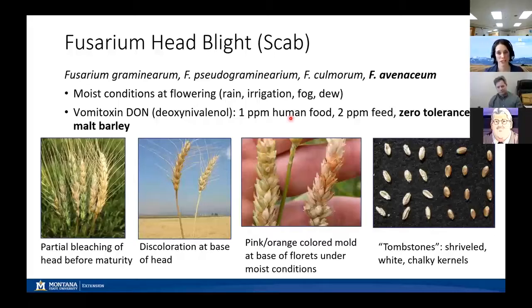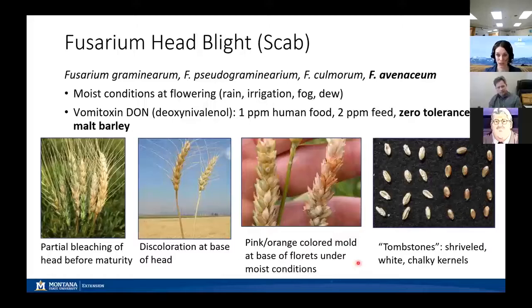And often we can see a discoloration at the base of the head, which you can see here in this picture, how it's darker brown just below the head compared to this other matured wheat head. And under conditions of a lot of moisture around grain fill and grain maturing, we can actually observe the pathogen growing out of the infected sections of the head, which will then have a pinkish to orange color or mold on the grain.